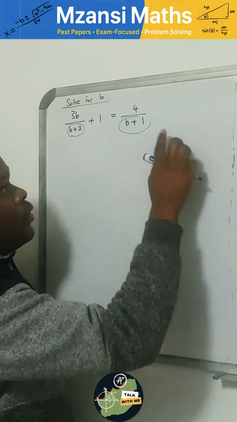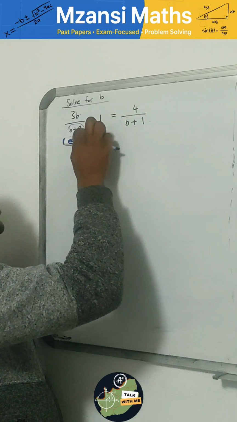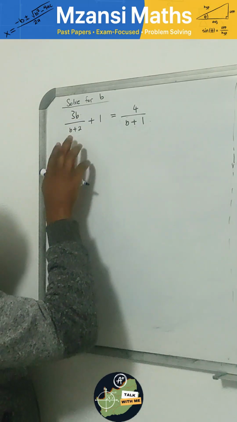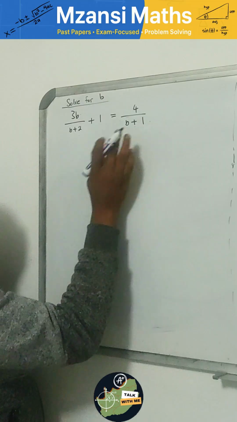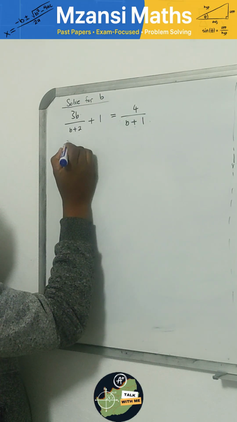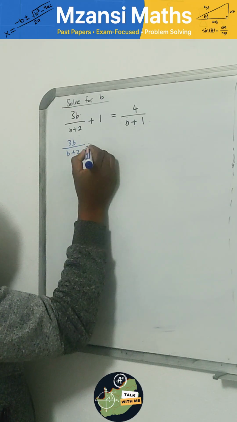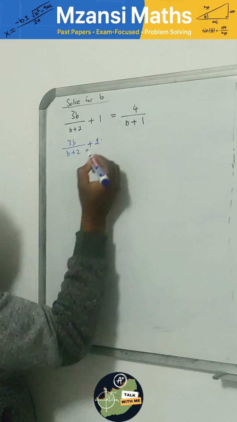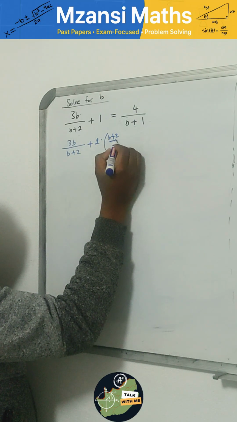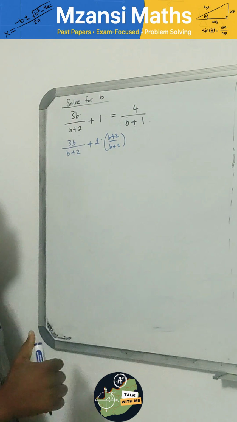So how would you solve for b, right? To solve for b, let us look at this equation. We have a fraction here, we have a fraction there. Starting on the left hand side, I would say 3b over b plus 2 plus 1 times b plus 2 over b plus 2, right?